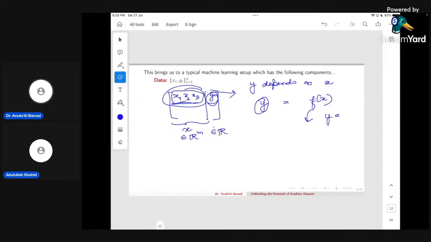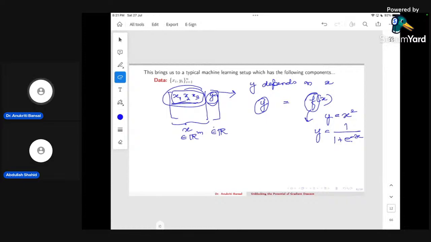For example, it can be like this: y is just the square of x. So this is my function. It can be a more complex form as well, something like this. But what is this function? I don't know. If I know this function, it's very good for me.